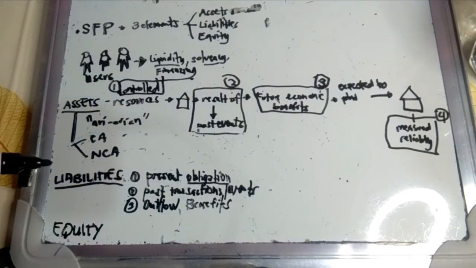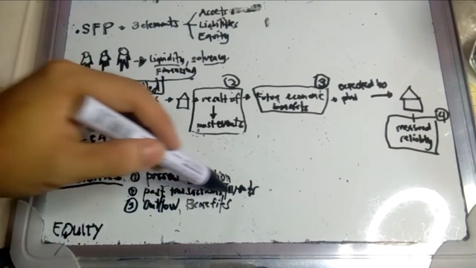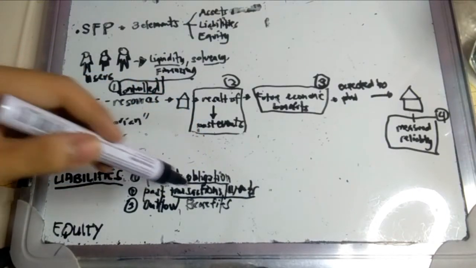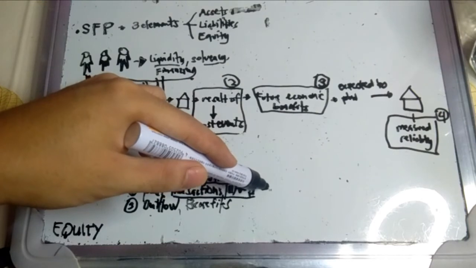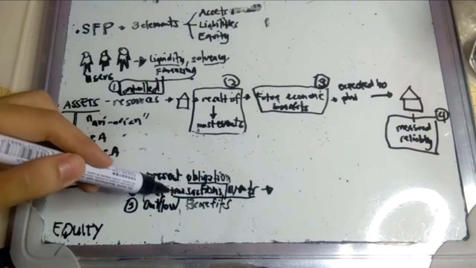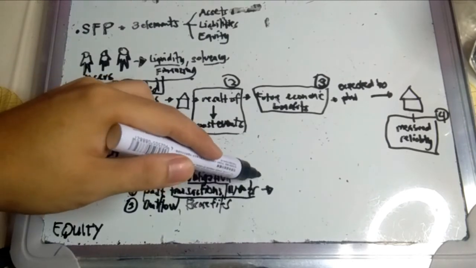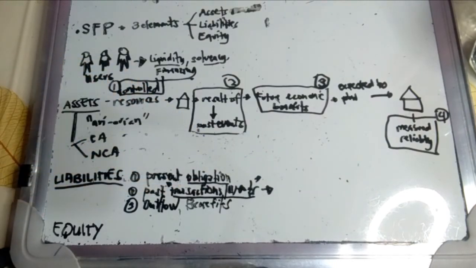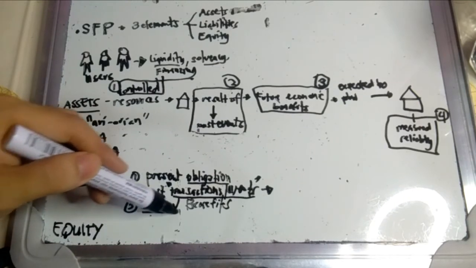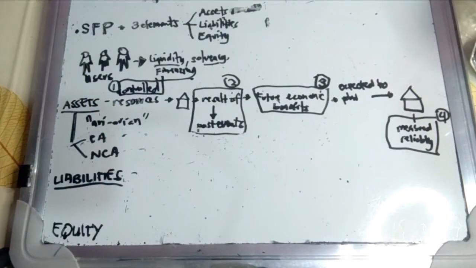It must be a result of past transaction or events. So, example, nag-loan ka ng isang kotse. Nagkaroon ka ng past transaction. Yung past transaction mo is yung loan. Pag-acquire ng loan ng kotse. So, number 3, it must have an outflow of benefits.